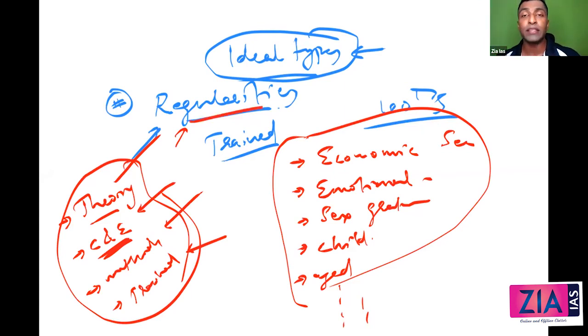So ideal type means identifying the regularities. Weber says there are hundreds of regularities, but individual elements are meaningless. If I tell you I'm going to study a phenomenon that gives you economic security, will you be able to connect it with family? Not necessarily.